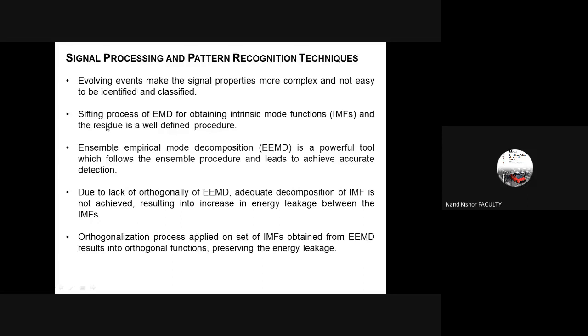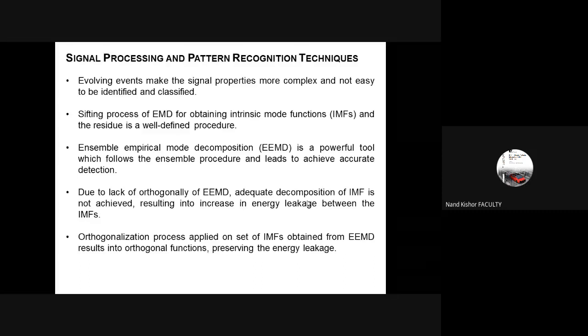Now, there is another variant here. This is the ensemble empirical mode decomposition, which is again a powerful tool which overcomes the limitations of the conventional EMD, and thus it helps to achieve an accurate detection here. Then the third is another variant of EMD. The disadvantage of the EMD is that we cannot have orthogonal decomposition of the signal, and thus it is not possible to have adequate decomposition of the IMF, because IMF, I will discuss in later slides.